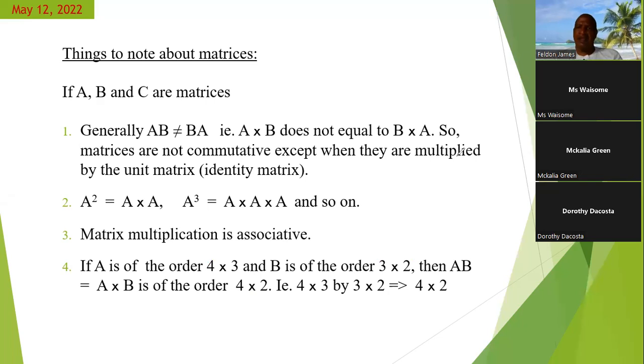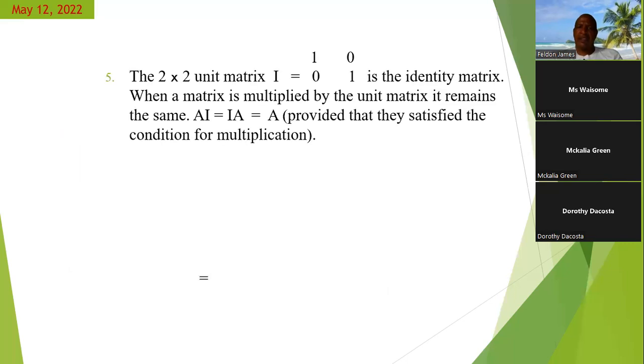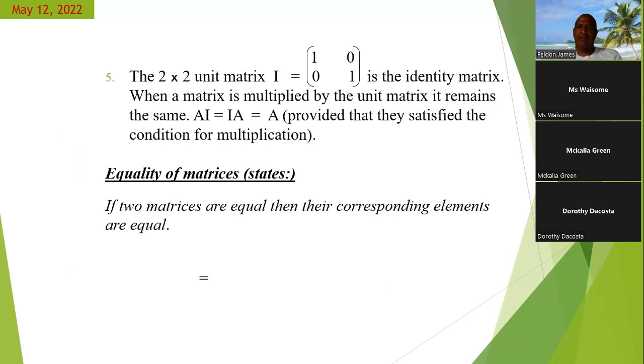All right, so moving along. Everybody understand these things, and you have to bear them in mind when you're carrying out any kind of matrix operation. All right, one more thing to note. The last thing from the list of 4 that we had before is a final one, which is 5.